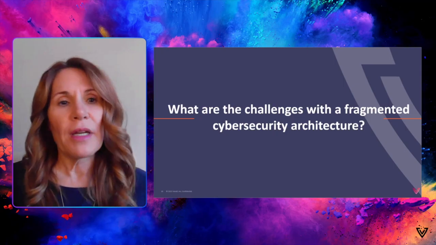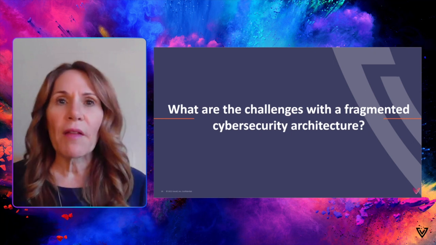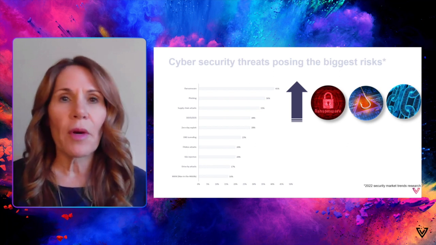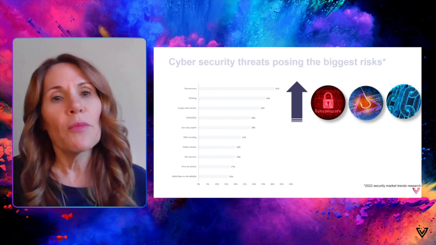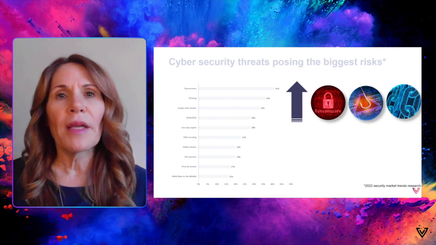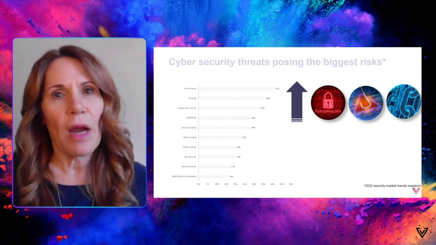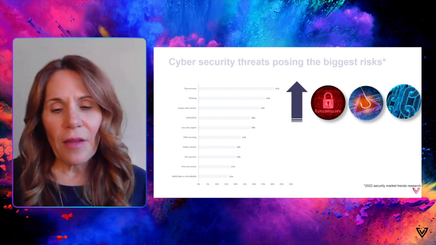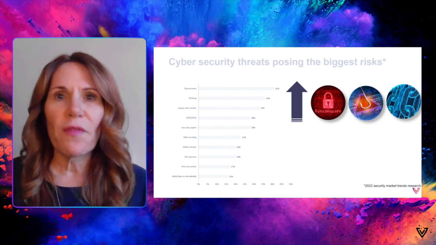Moving on, we're going to talk a little bit more about some of the challenges with this fragmented architecture that we have. When you think in terms of organizations that are either starting to move to the cloud, or maybe in that hybrid space, again, this is a little bit more of describing the water. But ransomware, phishing, and those types of compromises still prevail today. When threat actors exploit those vulnerable architectures, it results in some of these biggest risks being realized in our organizations.